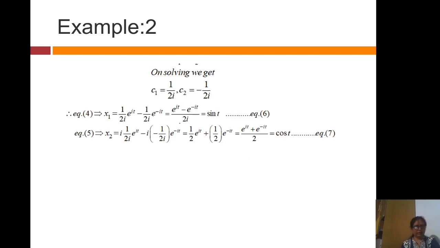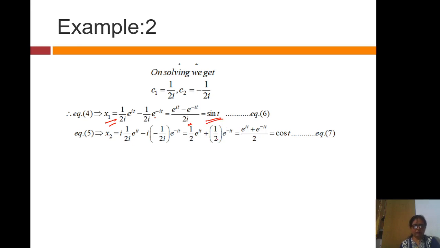If we substitute these values, then x1 equal to 1 upon 2i e to the power it minus 1 upon 2i e to the power minus it. Taking 1 by 2i outside, the numerator value is e to the power it minus e to the power minus it, which is nothing but the sin t value.